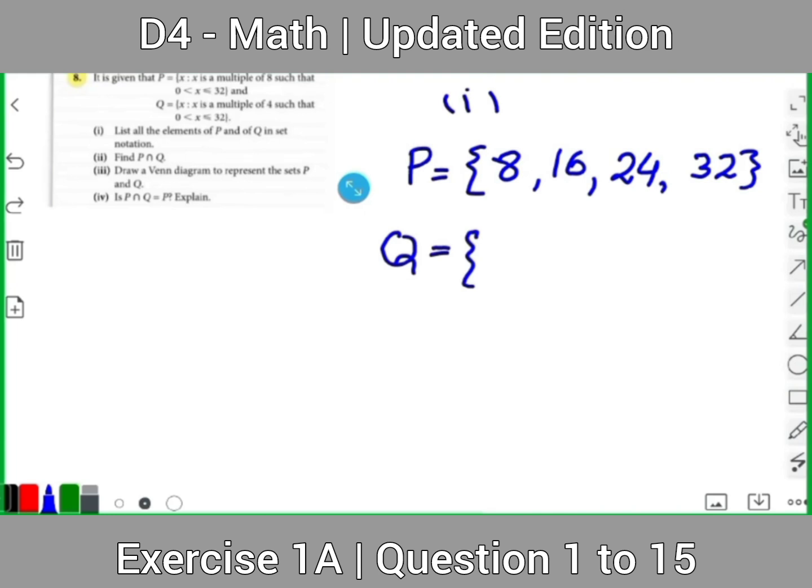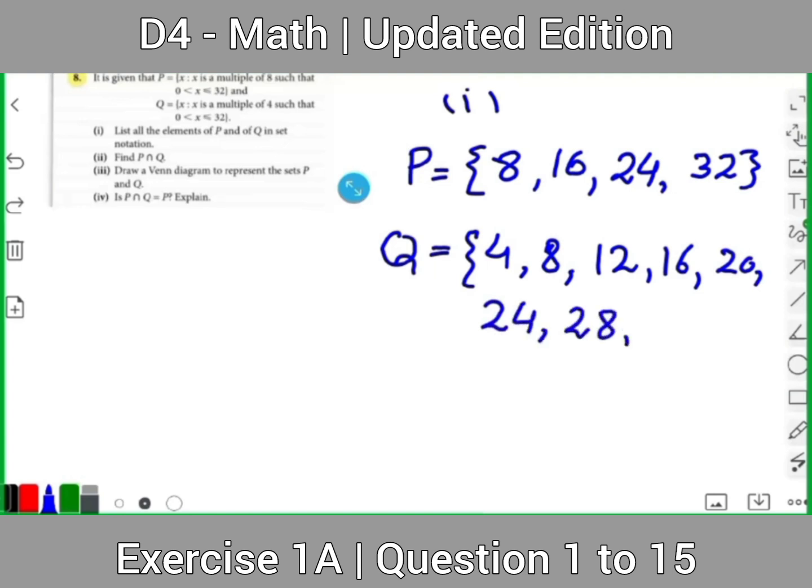So we just need to remember the table of 4. So 4 ones are 4, 4 twos are 8, 4 threes are 12, 4 fours are 16, 4 fives are 20, 4 sixes are 24, 4 sevens are 28, and 4 eights are 32. So here we have written down all the elements of the sets P and Q in set notation.